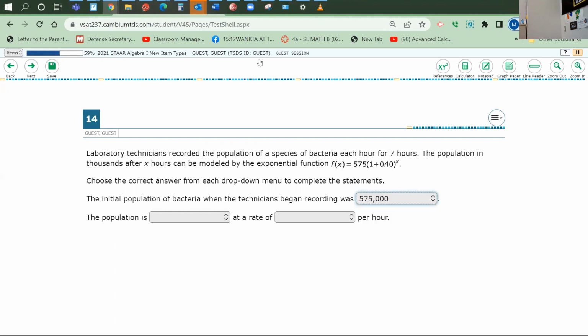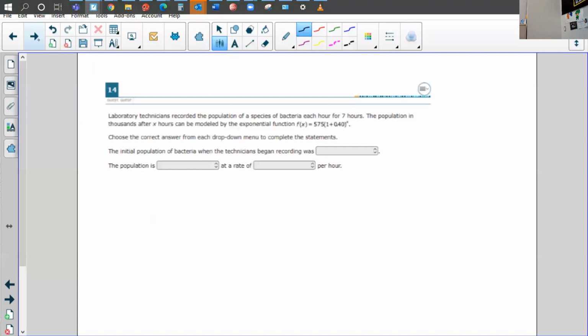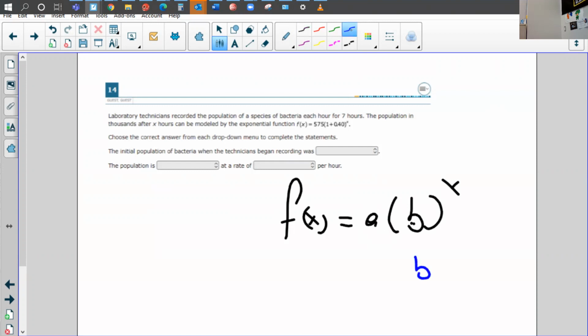So remember, let's go back and look at this, guys. I've done this several times in class. I want to make sure you guys understand this. Remember, f of x equals a times b to the x. That's exponential. b is usually 1 plus r or 1 minus r.